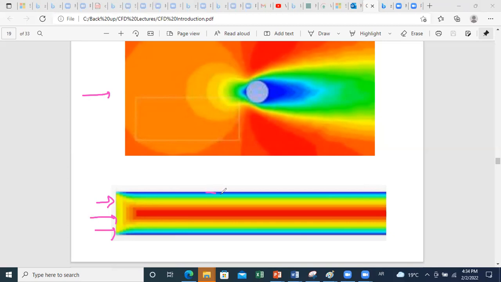It showed that the profile is parabolic. So you can verify this here. From the no-slip condition at the walls you have zero velocity, and the maximum is at the center line. So as you approach the center line, the velocity is increasing. So this can simulate the flow in a pipe, the flow profile in a piping system.